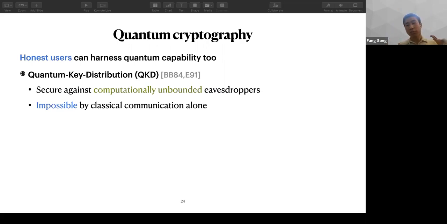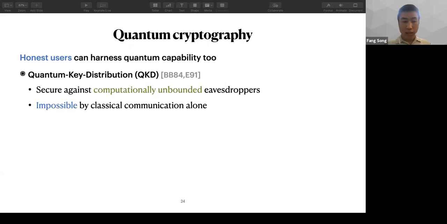This is roughly because the quantum information exchanged consists of states unknown to the eavesdropper, and the quantum no-cloning theorem says an unknown state cannot be copied. Any attempt from the eavesdropper would disturb it in some way, and this could be detected by the honest users. This is the rough reason why QKD can provide security against computationally unbounded eavesdroppers.